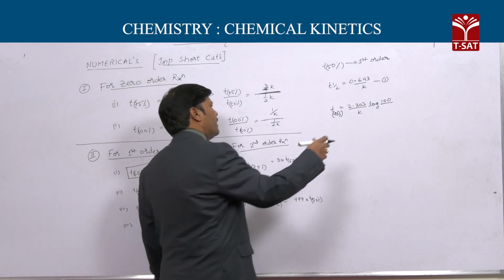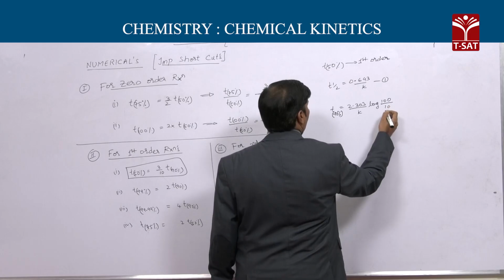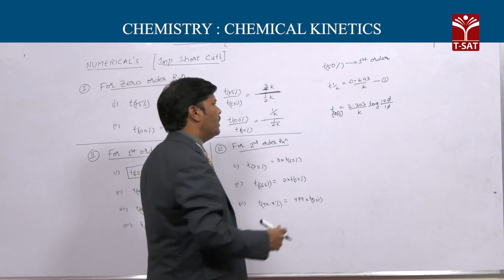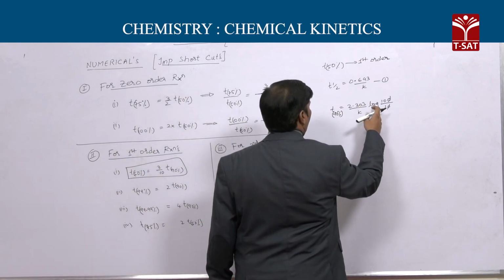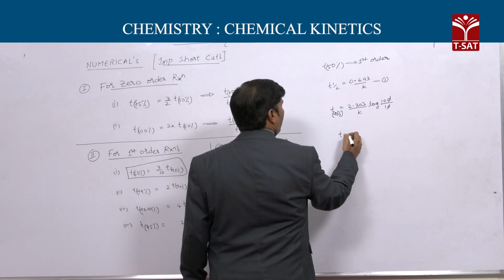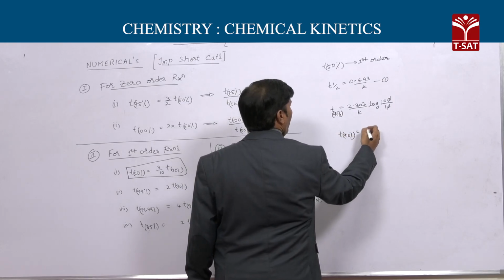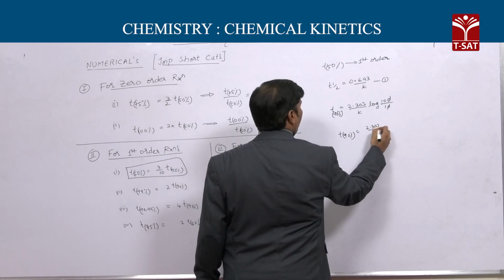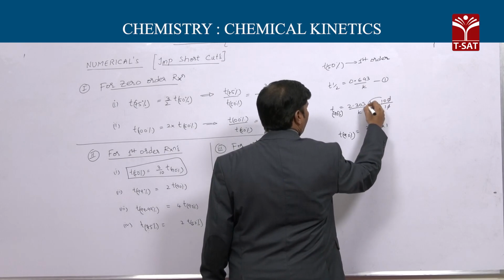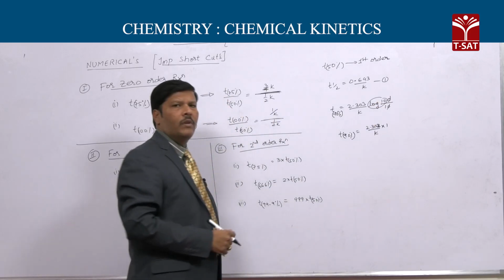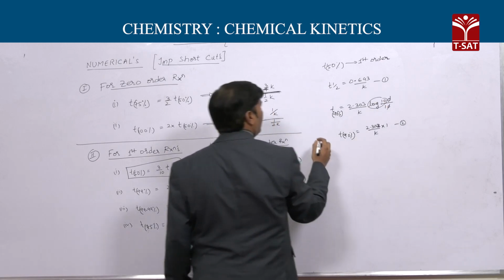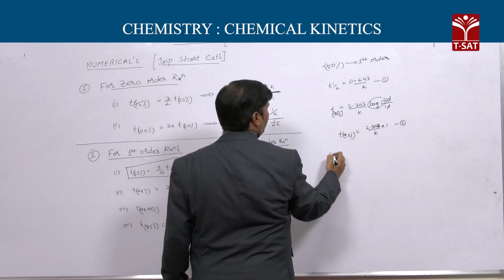So 100 minus 90 is only 10. So T90% is equal to 2.303 by K into log 10, and log 10 is 1. So T90% is equal to 2.303 by K. Let this be equation 2.